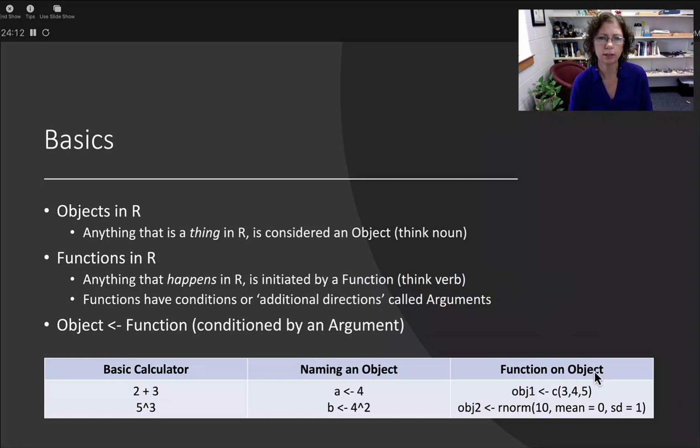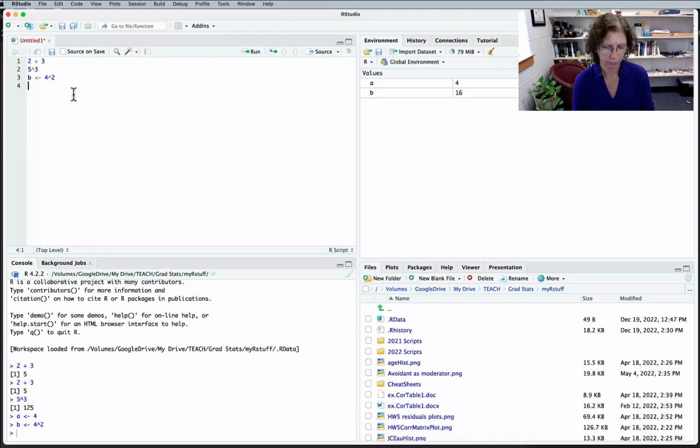So we're going to up it a little bit. Now we're going to talk about doing a function on the object. So here I'm going to make an object called obj1 assigned by the set of numbers 3, 4, and 5. I'm going to hold down Command.